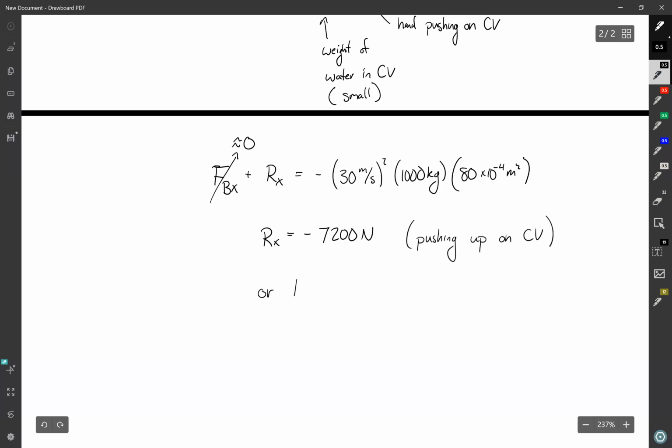Or another way to frame that is the CV water pushes down on the hand with 7,200 newtons of force.